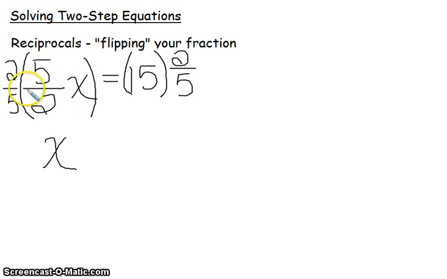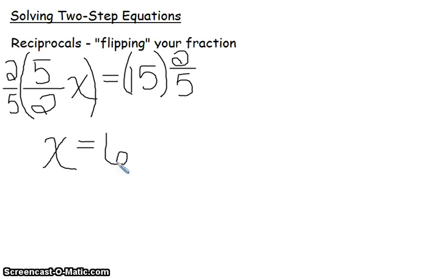You could change the grouping, excuse me, and multiply your fractions. Think about your properties from the last unit. And then on the other side, once you multiply your 15 and your 2/5, making sure that you're multiplying, not dividing, then you should get 6. And that's your answer.